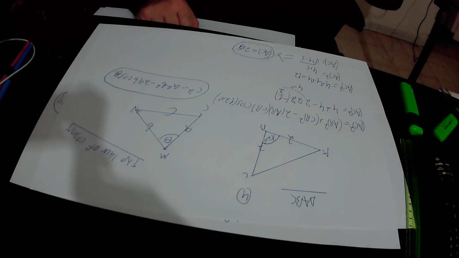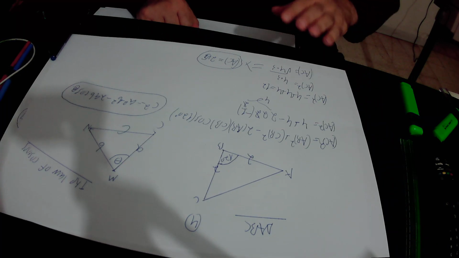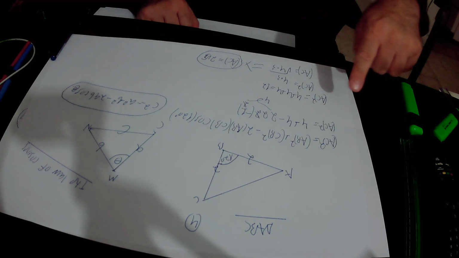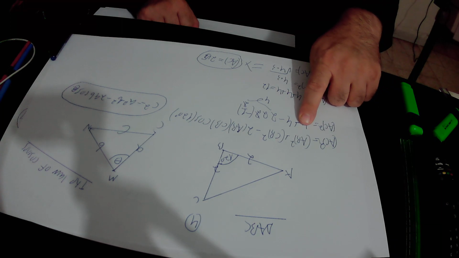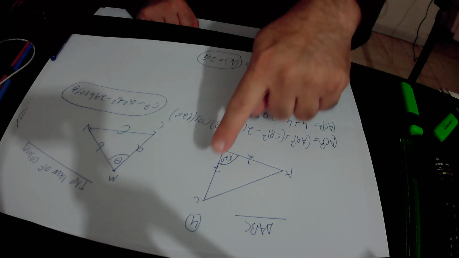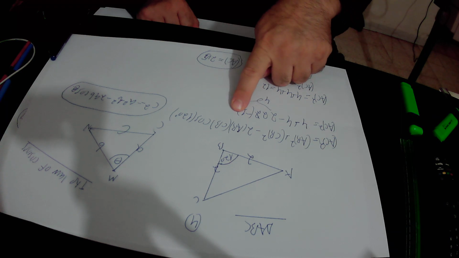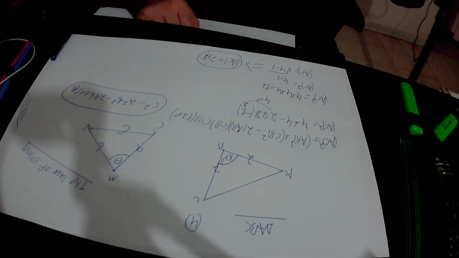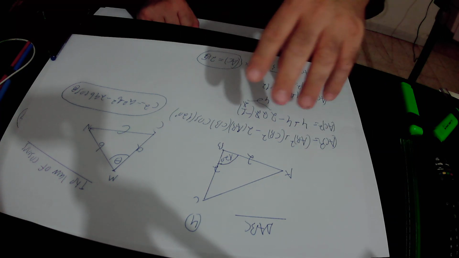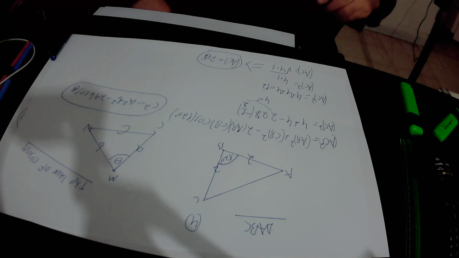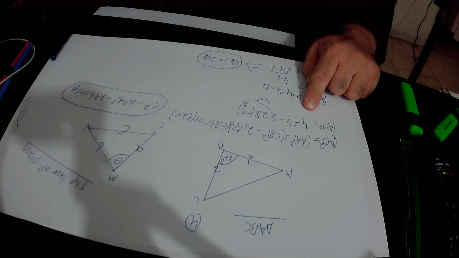So, according to the law of cosines, in our triangle ABC, AC squared equals AB squared plus BC squared minus 2 times AB times CB times cosine 120 degrees. This equation is the implementation of the law of cosines in our triangle ABC. So AC squared equals AB squared.